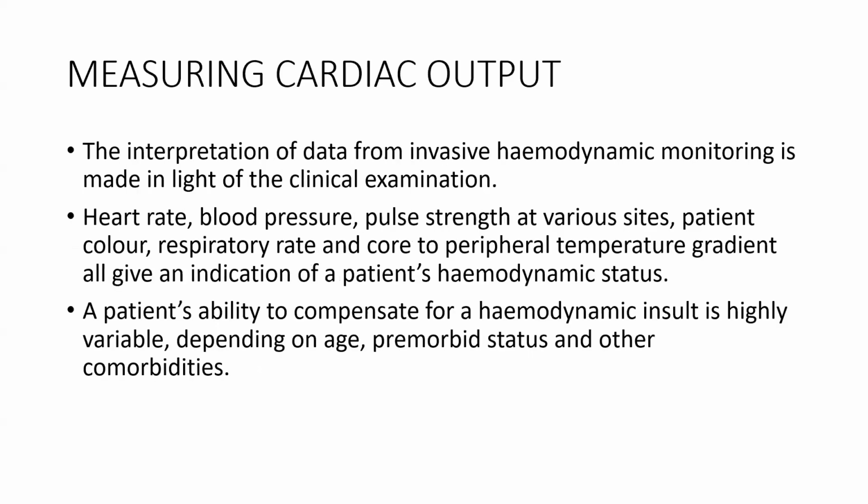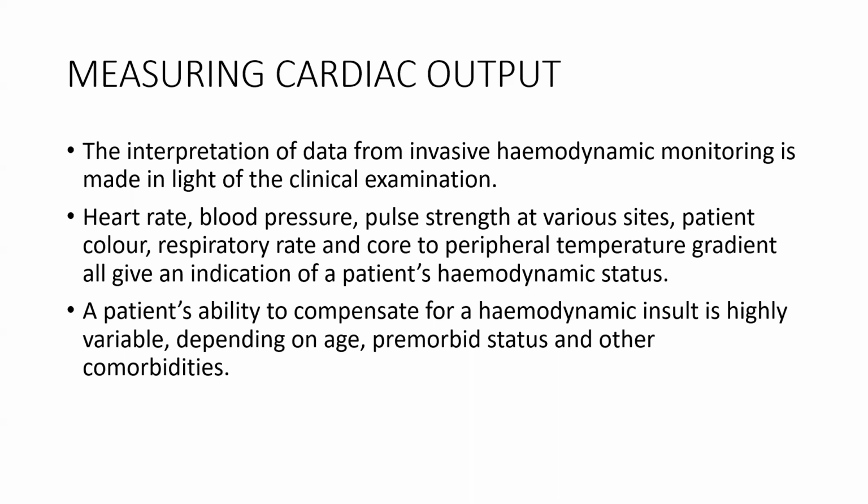Now, about measuring cardiac output. The interpretation of the data from invasive hemodynamic monitoring is made in the light of clinical examination. Heart rate, blood pressure, pulse strength at various sites, patient color, respiratory rate, and the core to peripheral temperature gradient all give an indication of the patient's hemodynamic status.